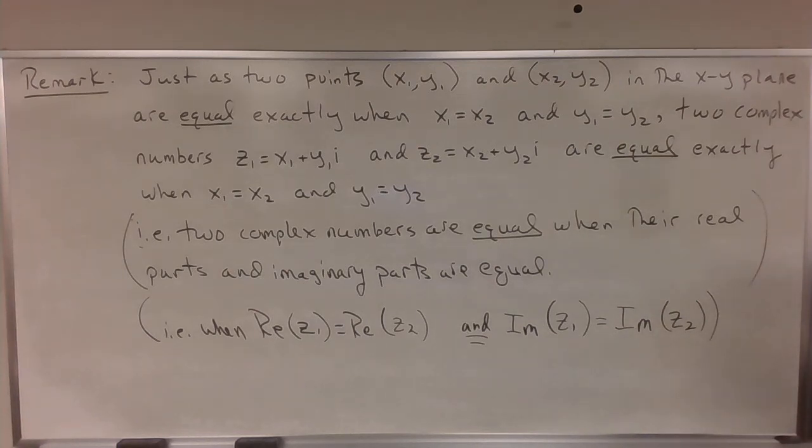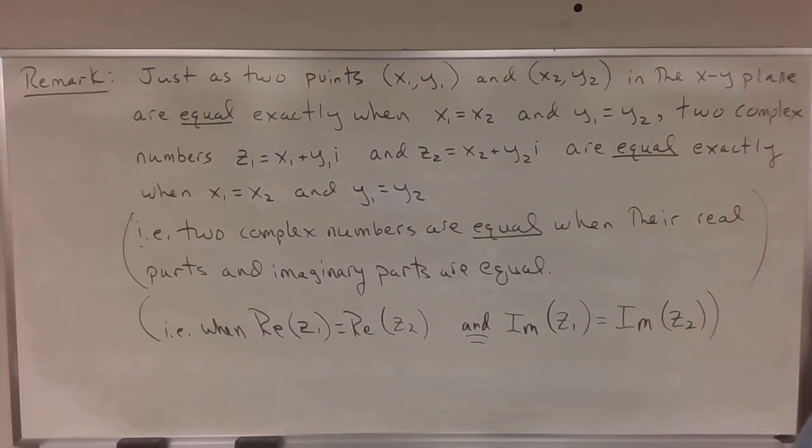Now, this seems obvious, but I didn't want you to hesitate to assume that it was true because I didn't actually say that it was true. So this is the case with the representation of complex numbers in the xy plane or in the complex plane.